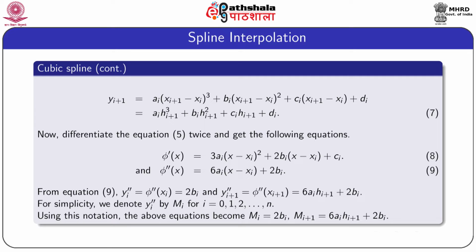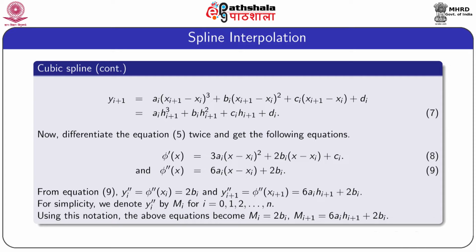When x equals x_i, the first term of equation 9 becomes 0, that is why this expression is nothing but 2 b_i. Similarly, when x equals x_{i+1}, the second derivative y_{i+1}'' equals the second derivative of phi at x_{i+1}, which is equal to 6 a_i h_{i+1} + 2 b_i.